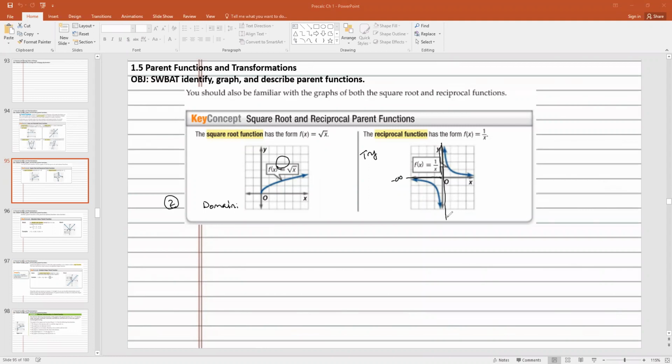Yeah, right there at 0. Notice that there's that invisible line there. So from negative infinity to 0, and then from 0 all the way to positive infinity.